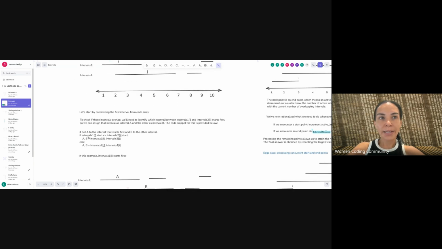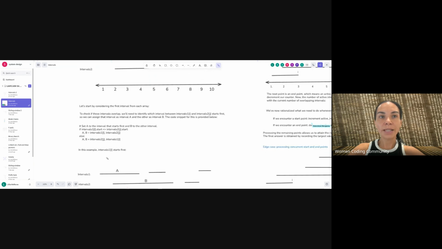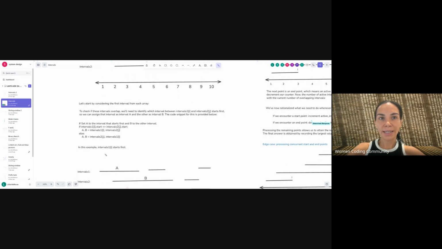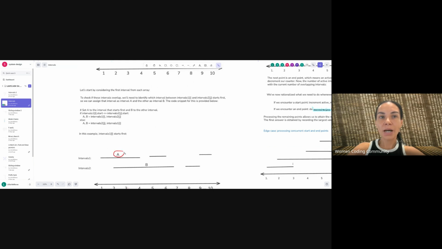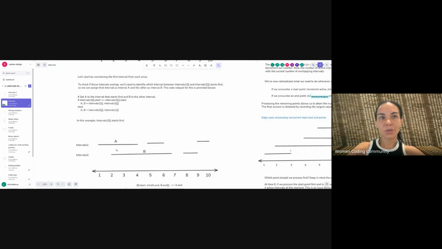We compare whether the interval starts first. If the interval from set 1 starts first, then it will be our A. If the interval from set 2 starts first, then this one will be our interval A. So we're just comparing the start times of the two intervals, and we name them depending on the start of those intervals. We figure out who is A and who is B. A should always be the one which starts earlier. Does it make sense here?